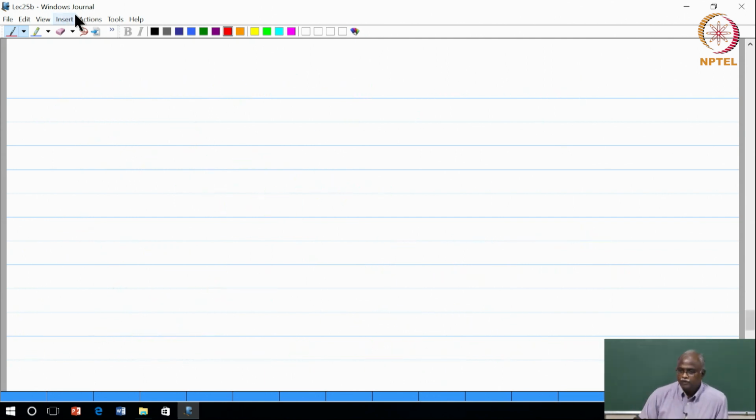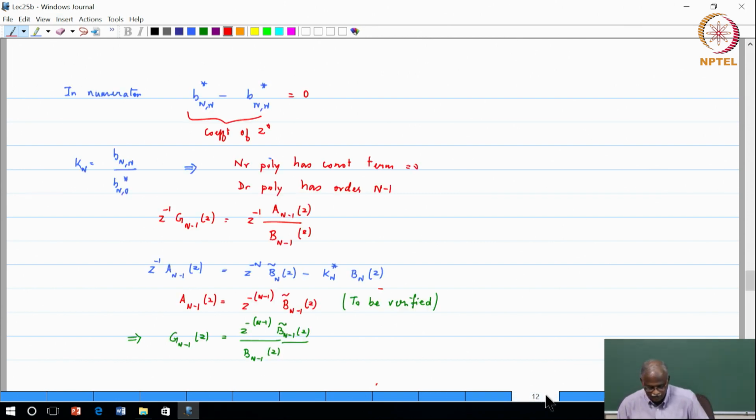Yes. Why can't we say the Gn is rational, right? The numerator also can go to infinity inside, right? Gn of Z minus Kn conjugate. Okay, let me just be sure. This expression Gn minus 1.